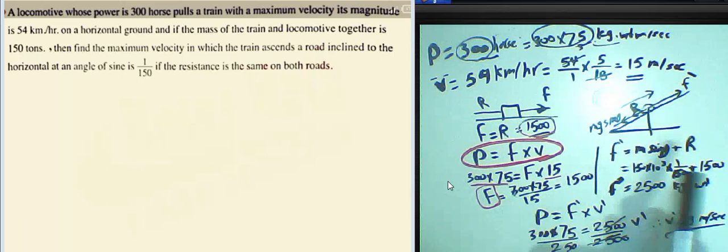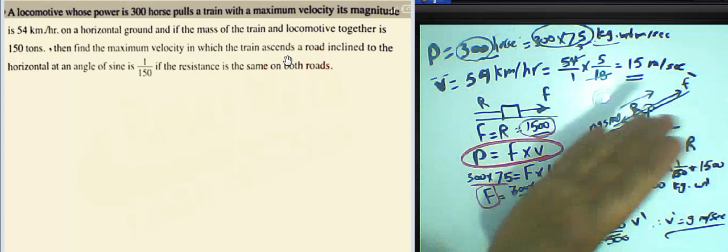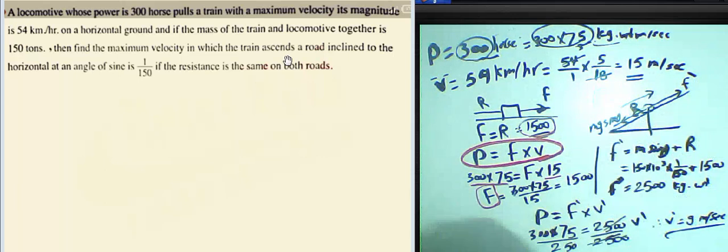Okay, look at this information, then find the maximum velocity of the train ascending. It means we have no acceleration. The road here makes angle theta with the horizontal, and the sine of this angle is 1 over 150.